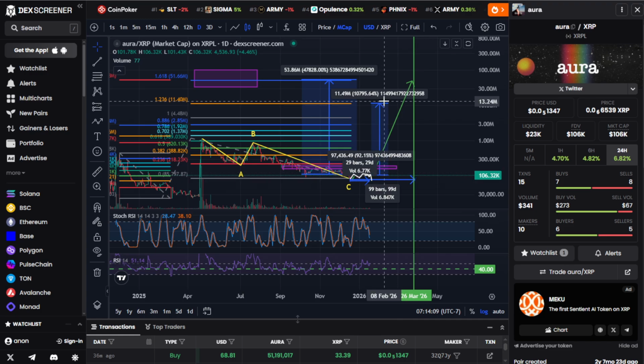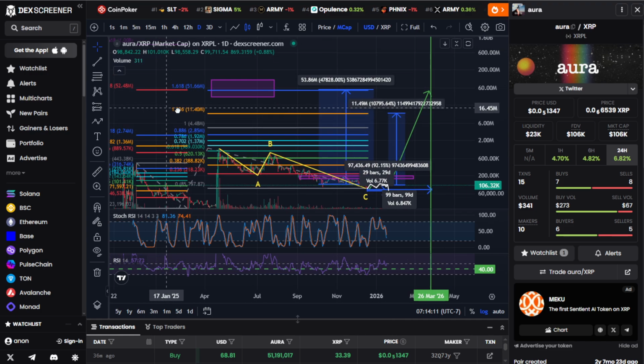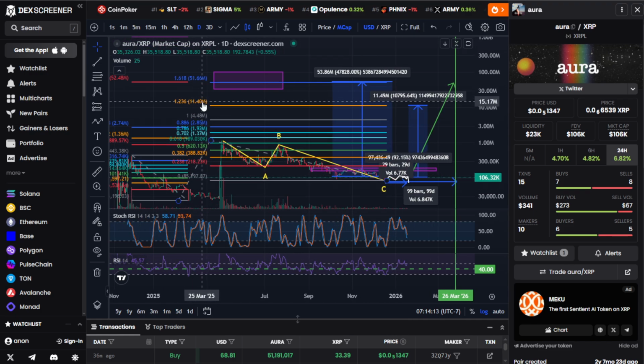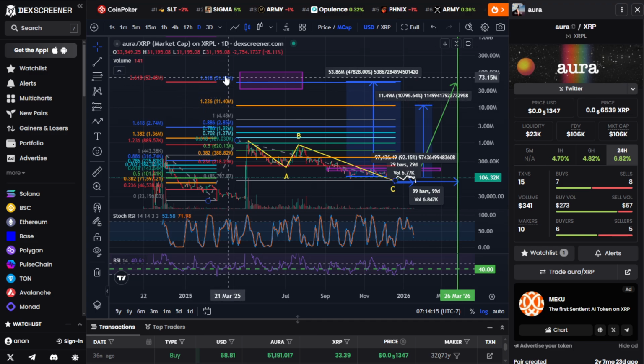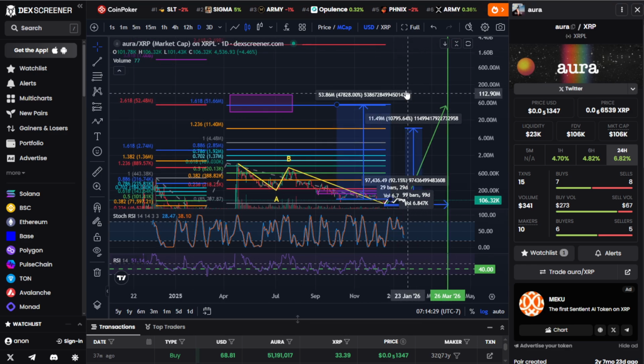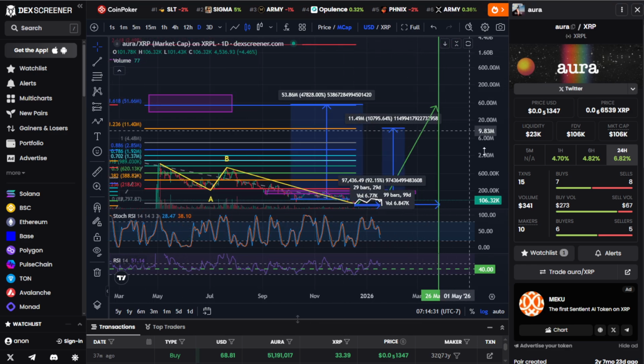In my opinion, that's extremely likely given how small it is compared to what XRP could do. Then the 1618 is a 478,000x to your position, which almost lines up with our 2618 at 52 million for this next leg. You can even see maybe a wick above, and then it can sustain up here in the millions.